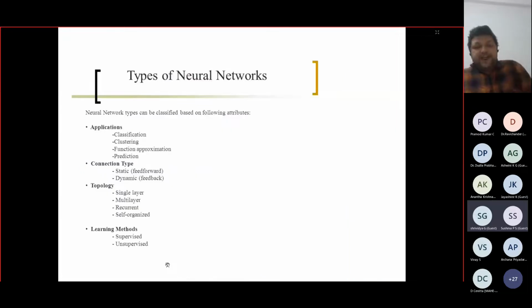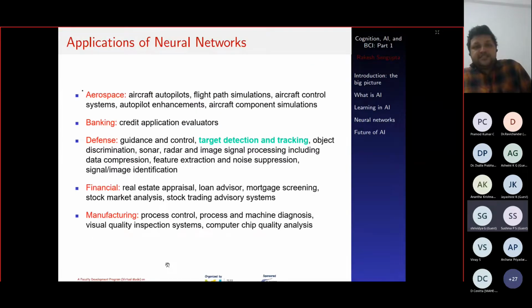Now, there are different types of neural networks available. They can be classified based on different kinds of attributes like applications, connection type, topology, or learning methods. Some of it has already been covered on the first day, so I'm not going to go deeper into it. There are different kinds of applications of neural networks.